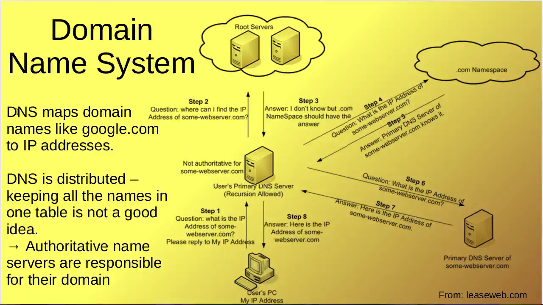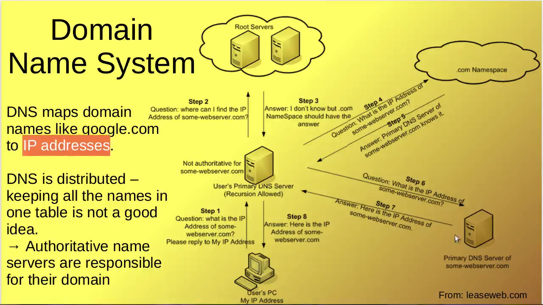So effectively what DNS does, although it seems pretty complicated, all it does is map domain names like, for example, google.com or www.uwrf.edu to either IPv4 addresses or IPv6 addresses. This DNS, domain name system, is distributed.